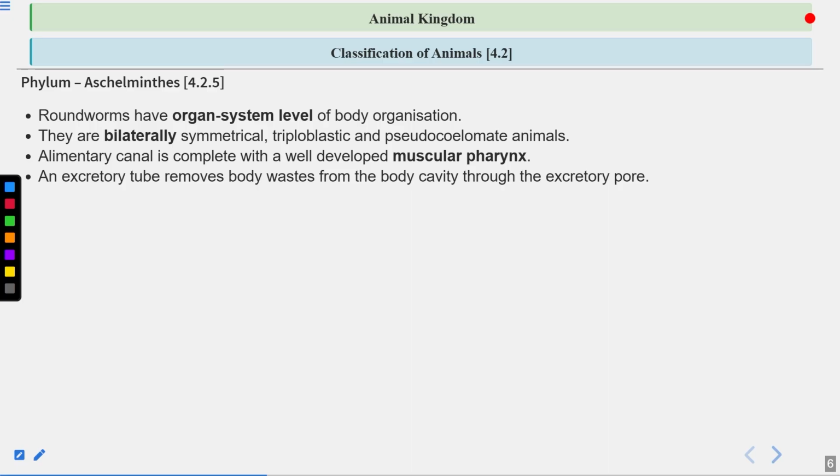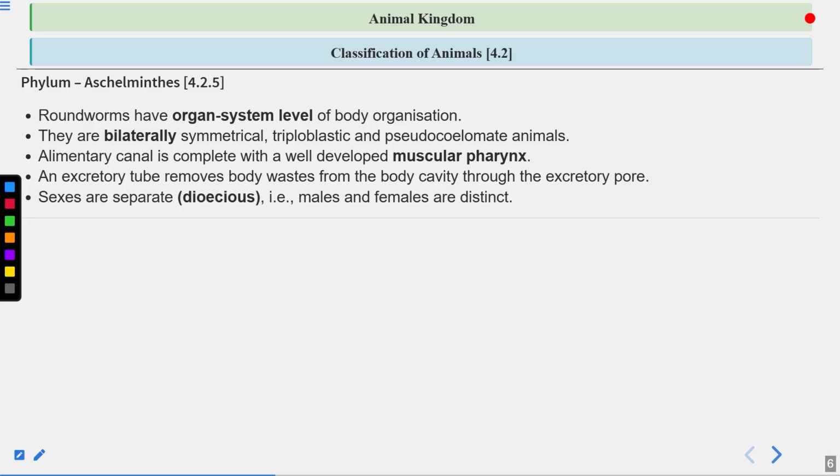Inside the Aschelminthes' body, they have the excretory tube that emerges out of the body in the form of an excretory pore-like opening, and through that all the waste from the body cavity comes out into the outer environment, right? So this is how the excretory substance is released from inside of the body.